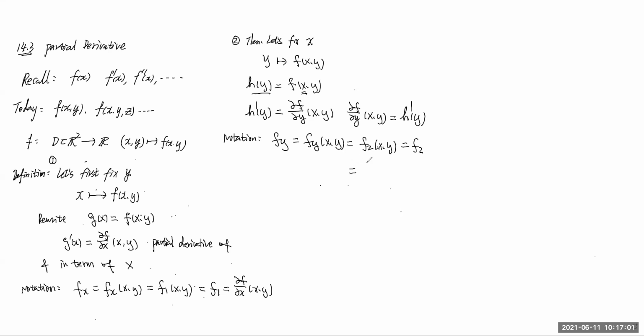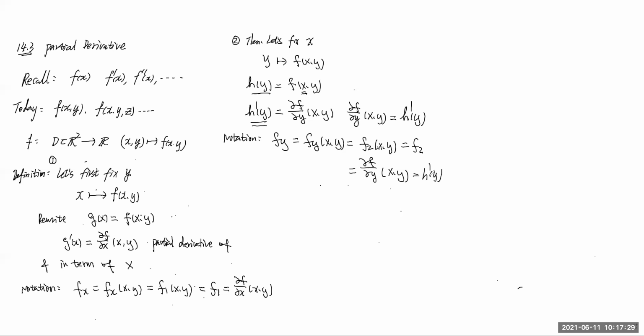All of them are partial y of (x, y), right? If you ask me what this is, this is just this. But when you are doing a problem, you don't have to write this because there's no such process here. I'm just introducing this. That's why we have h(y). When you are doing problems, there is no h and g.